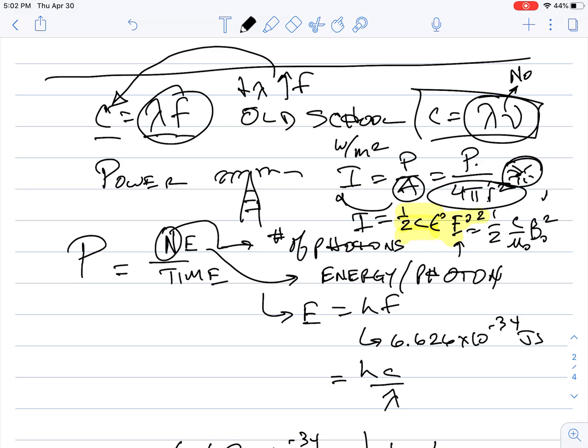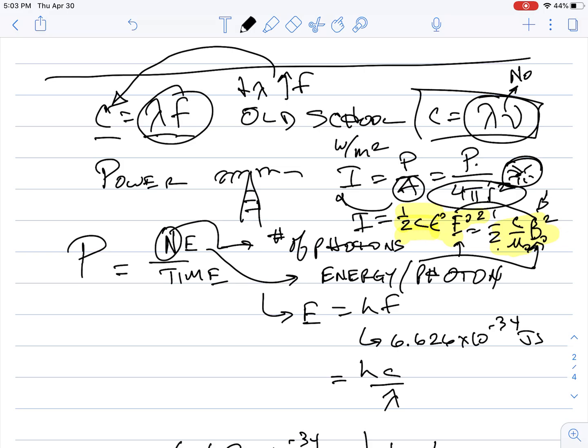That also equals, if you know your magnetic field, 1/2 c divided by mu naught times B squared, where B is your magnetic field. So depending upon what you're given, you use these equations. And in no way, shape, or form am I going to expect you to memorize these equations. But here's what I am going to expect you to know: as you increase your electric or magnetic field, that increases your intensity, which is how X-rays work.